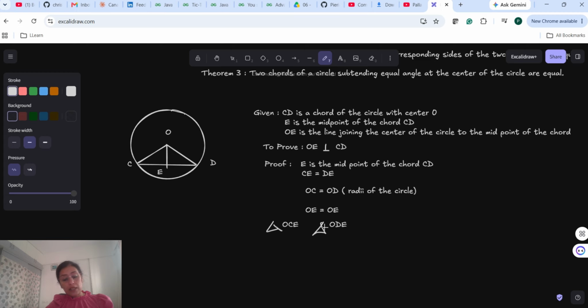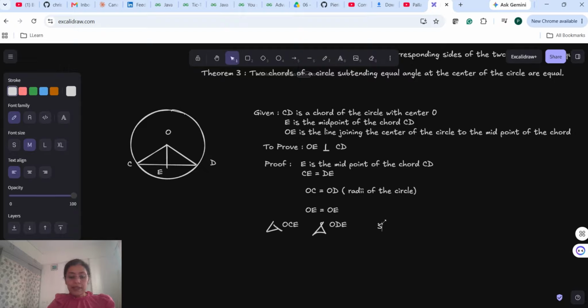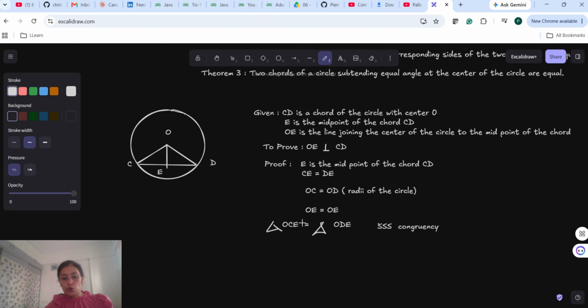And OE is equal to OE, which is the common side of the two triangles. So what we see here is S, S, S, side, side, side. This is the SSS congruency, right? So these two triangles are congruent to each other.